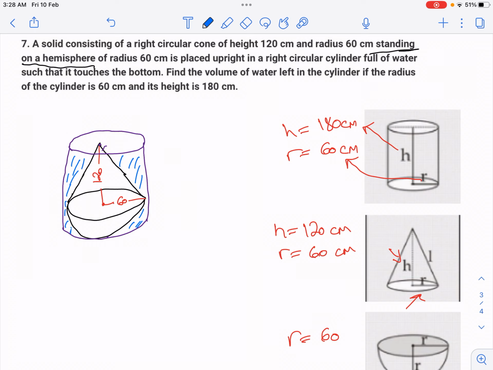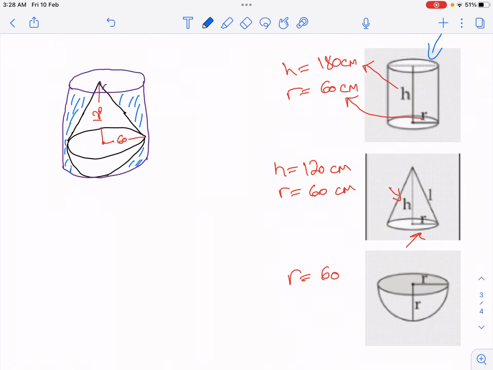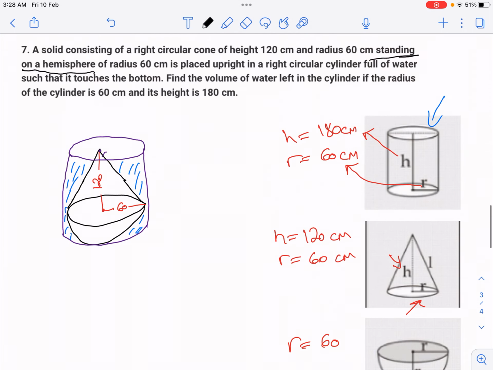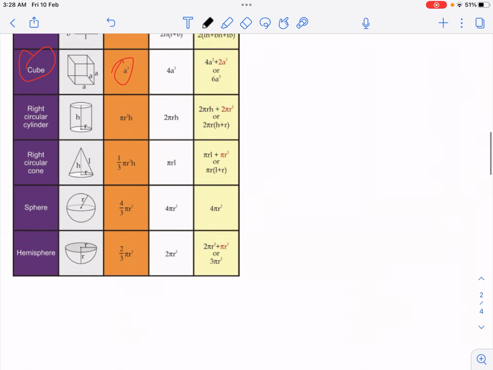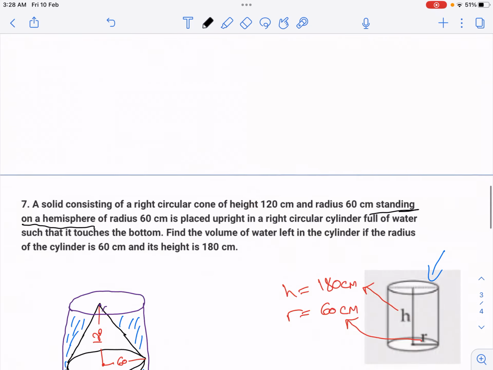So what we are going to do, we are going to find the full volume of the cylinder. Then we are going to subtract the solid object which is inside, which is cone plus hemisphere. So step number 1, we are going to find the volume of the cylinder. And to find the volume of the cylinder, we go back to our table. The volume of a cylinder is pi r square h.